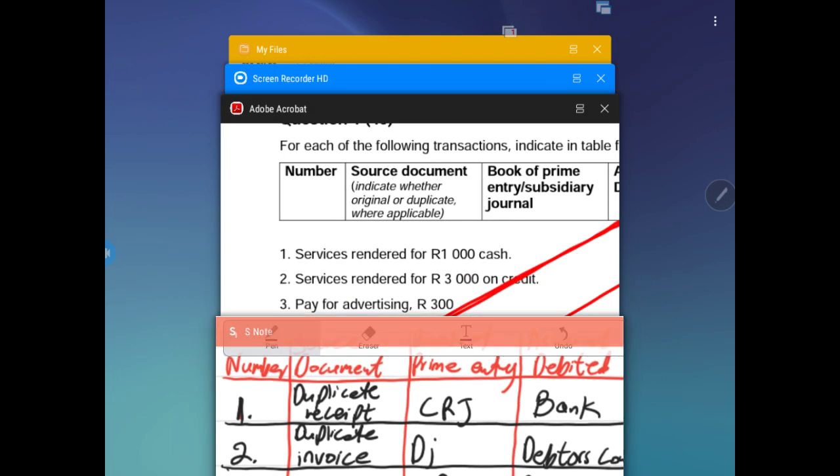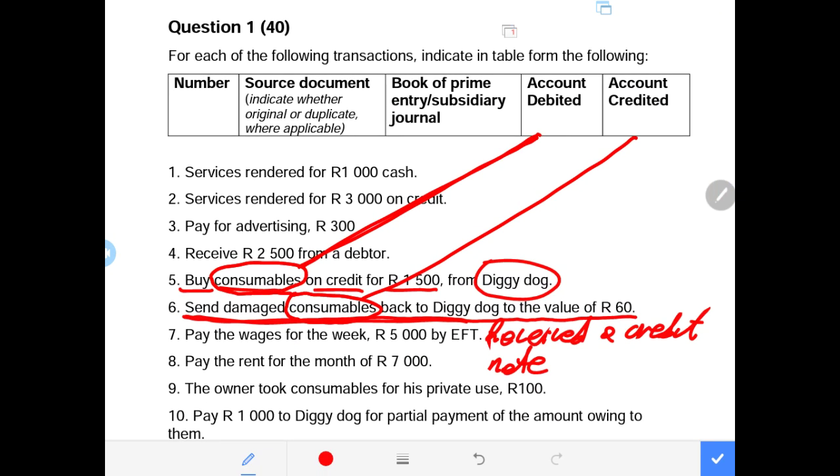Now let us do the final analysis of our number 6. Our consumables will go on the credit side, and on the debit side we need to have our creditors control.